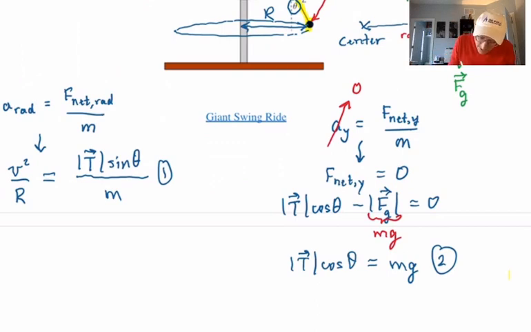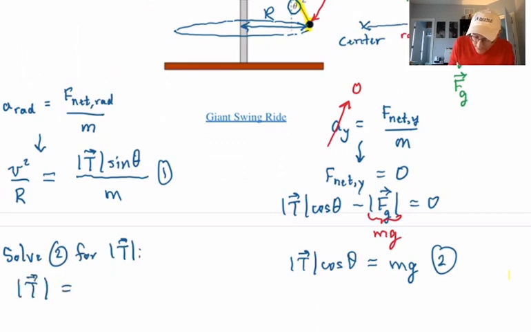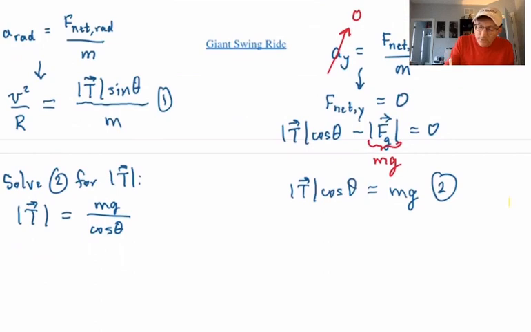So let's solve equation 2 for the tension magnitude. That's not hard. Just do your algebra on equation 2 and solve for T magnitude. You get T magnitude equals mg divided by cosine theta. And now substitute this expression into equation 1, where the T is.